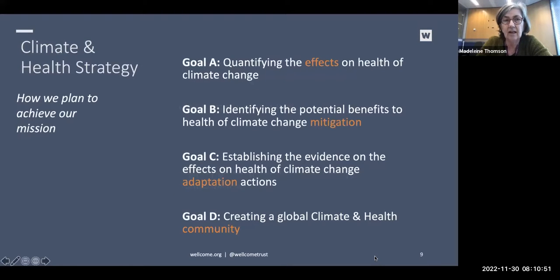And to do this, our climate challenge has four goals. First, quantifying the effects on health of climate change; identifying the potential benefits to health of climate change mitigation; establishing the evidence of the effects of health on climate change adaptation actions; and third, creating a global climate and health community, building the field, if you like, of climate and health.